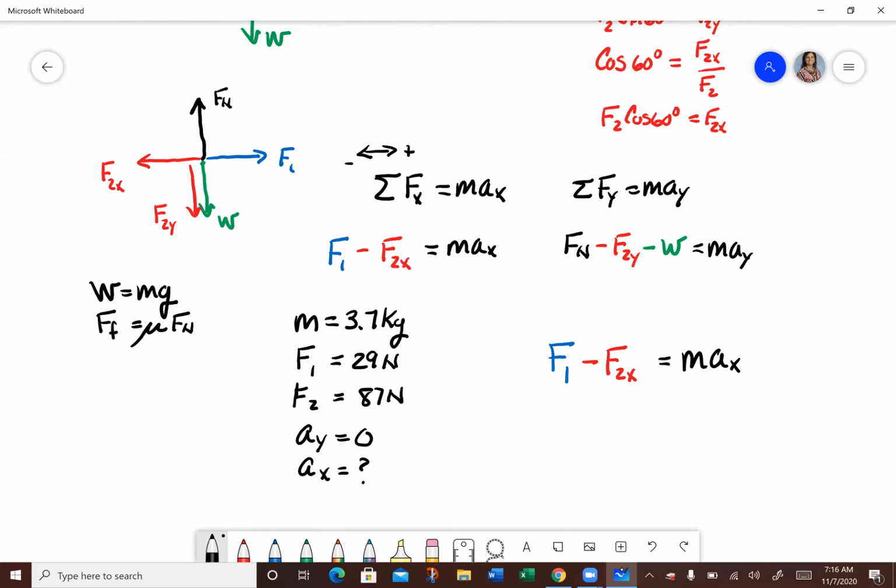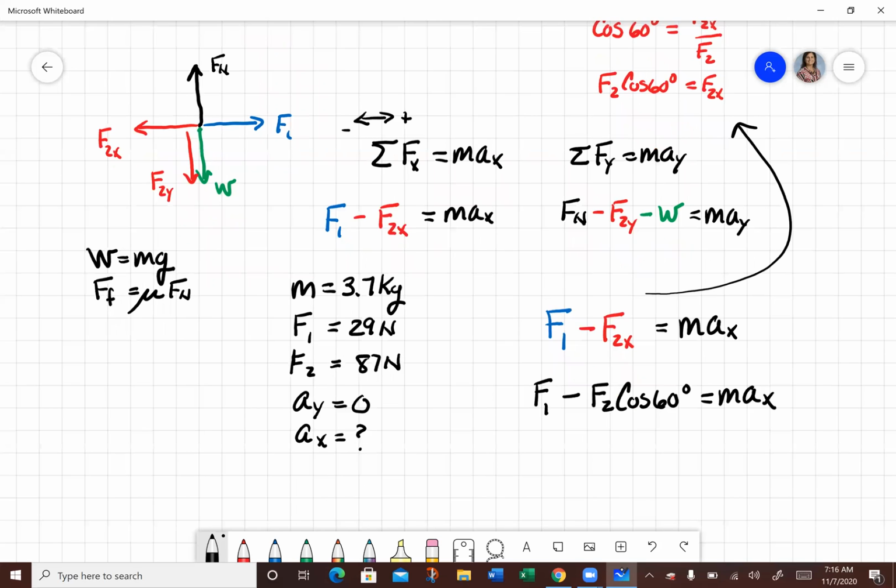Well, up here I have an equation for F2x. So I would say, okay, that's F1 minus F2 cosine 60 degrees equals MAX. I know F1. Do I know F2? Yes. Cosine 60. Do I know my mass? Yes. All right. Solve for AX.